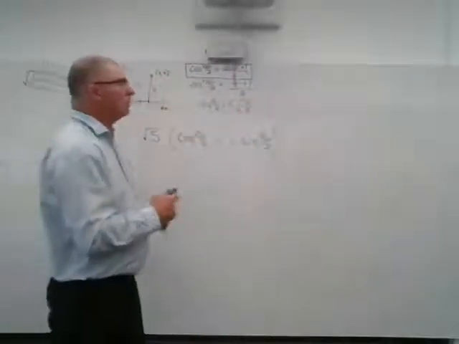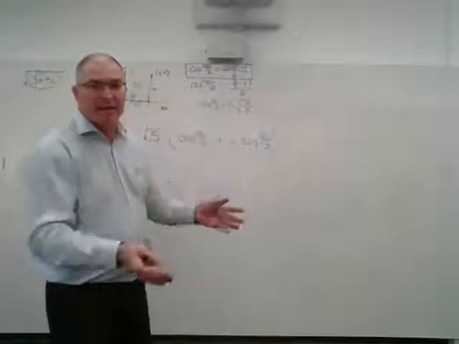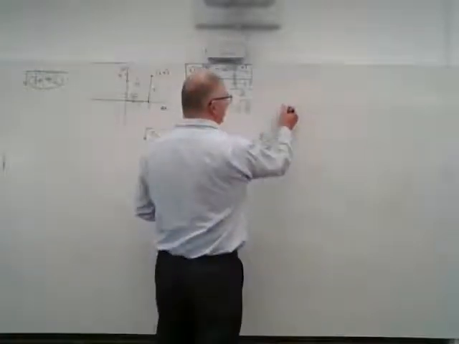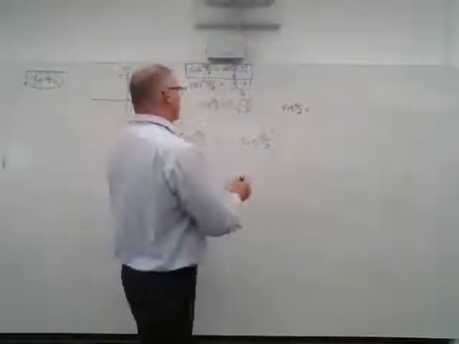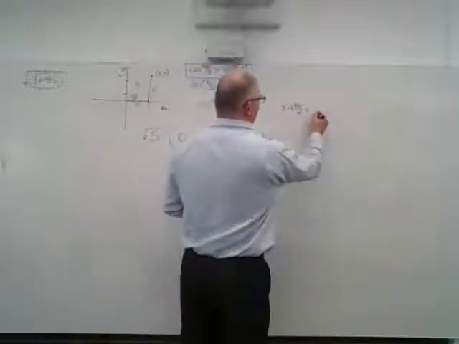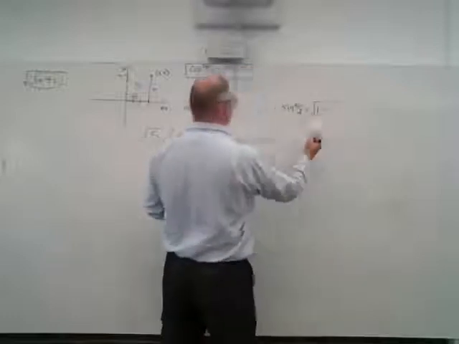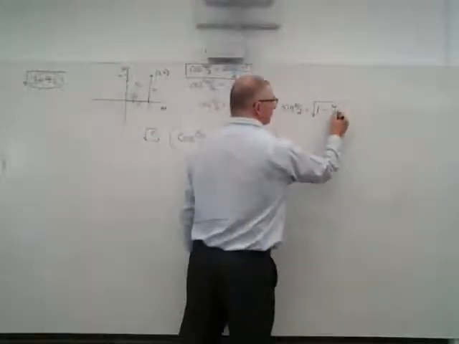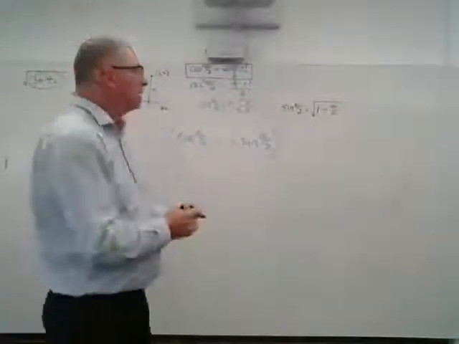Now we know, because cos squared plus sine squared equals 1, we can easily find sine theta on 2 as well from this. Sine theta on 2 will just be the square root of 1 minus 4 on 5, because cos squared plus sine squared equals 1.